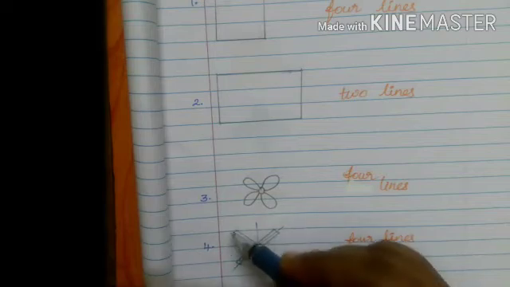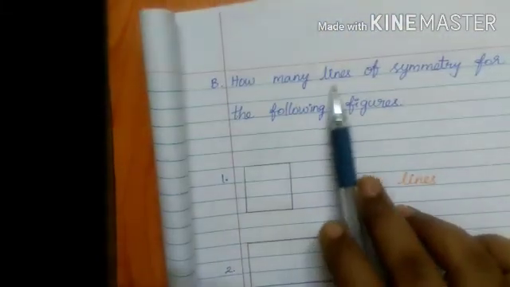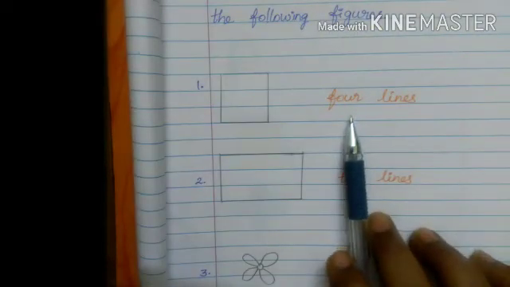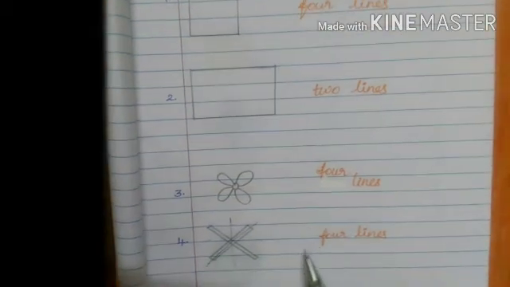The next one has a sleeping line, a cross line, then a diagonal, and one more diagonal. Totally 4 lines. You count and write the numbers only. 4 lines for the square, 2 lines for the rectangle. This flower has 4 possible lines. The last one, the letter X: 4 lines are possible for symmetry.